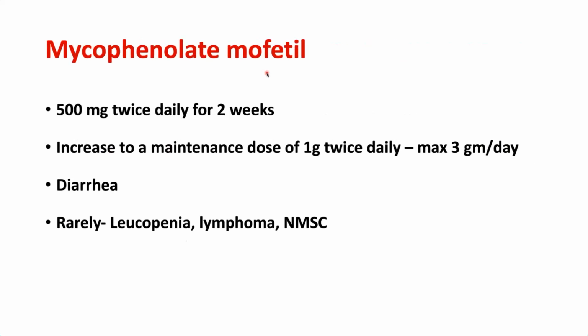The other drug which is commonly used is mycophenolate mofetil. It's relatively easier to use. 500 milligrams twice daily to start off, increase eventually to 1 gram twice daily, and the maximum dose is 3 grams a day. The most commonly encountered problem is diarrhea, which precludes the use of 3 grams in many of our patients. Rarely leukopenia and malignancies.